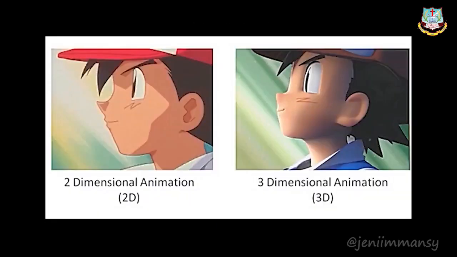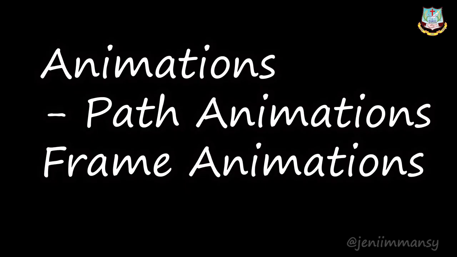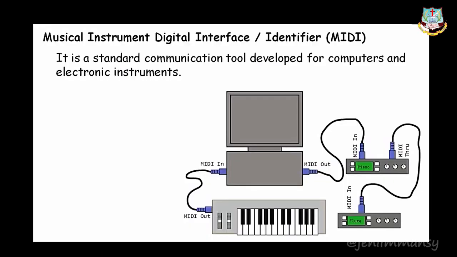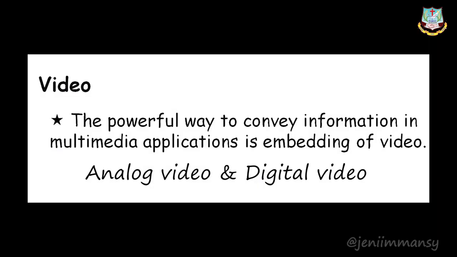In animations, we saw two dimension and three dimension. What are the types of animations? Path animation and frame animation. In sound, we saw MIDI, musical instrument digital interface, and digital audio, right? In video, we saw two types, analog video and digital video, right?